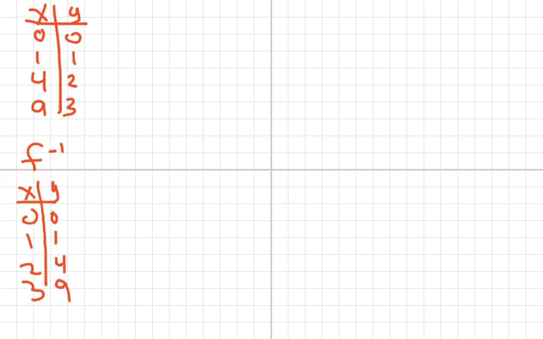And you notice, I'm going to go ahead and graph the inverse. So 2 goes to 4, 3 goes to 9. You notice this is really y equals x squared, but where x is greater than or equal to 0 with our restrictions.